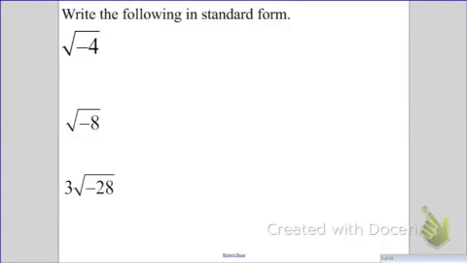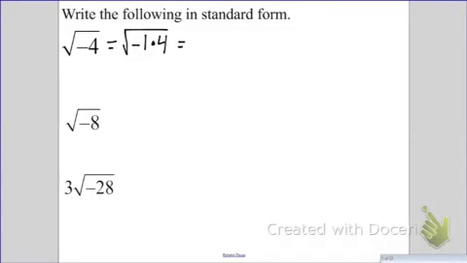So how do you use the whole imaginary i thing when trying to write things with i's? Let's break down the square root of negative 4. We can't square root negative 4 normally. We could square root a positive 4, but not negative. So inside negative 4 is a negative 1 times a 4.